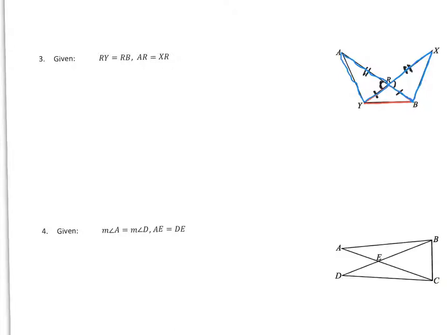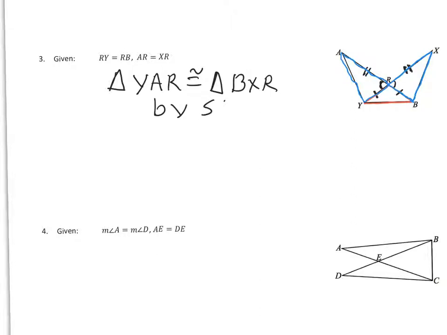So I'm going to do triangle YAR is congruent to triangle BXR, and that's going to be by side angle side.